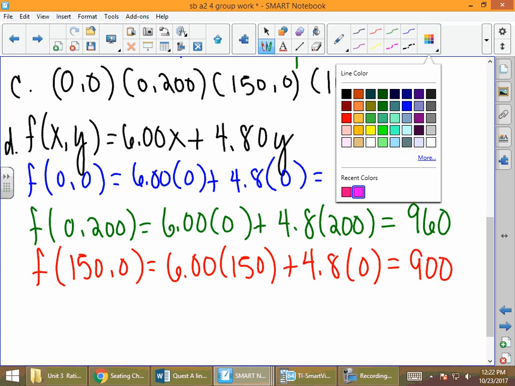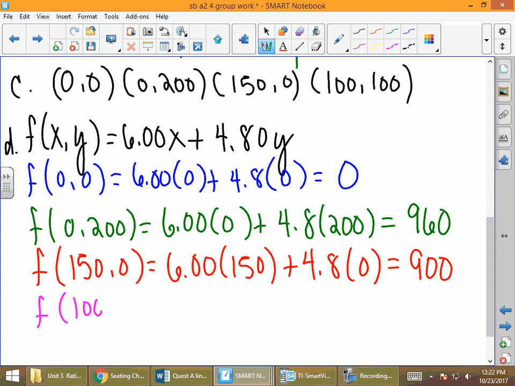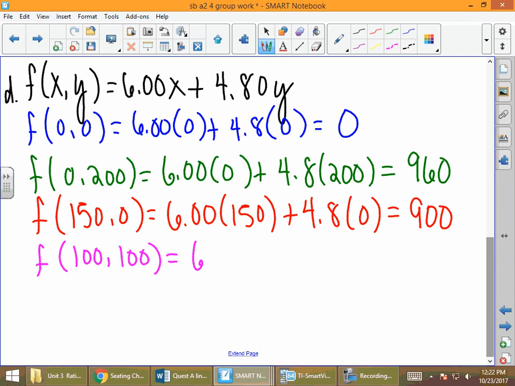And then we've got f of 100, 100, which equals 6 times 100 plus 4.8 times 100, and that should give us 1,080.